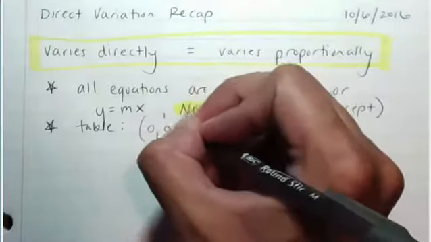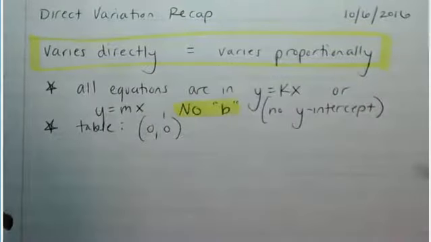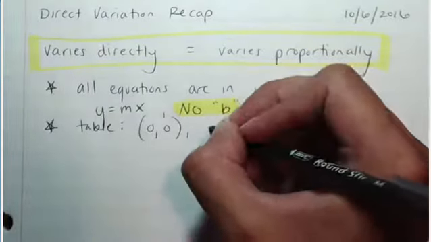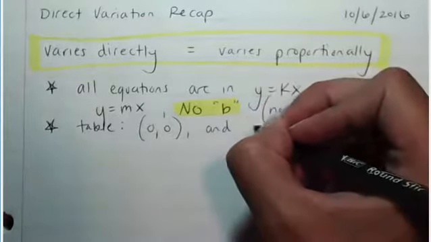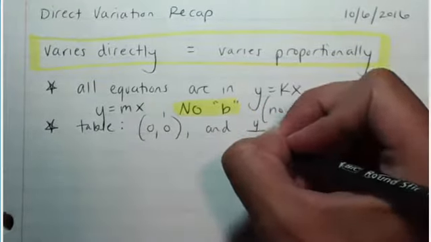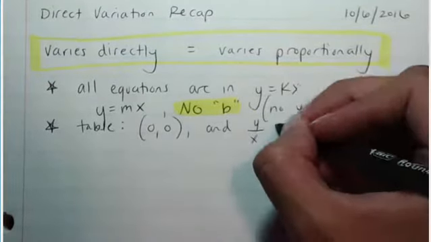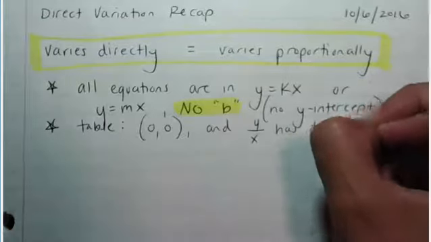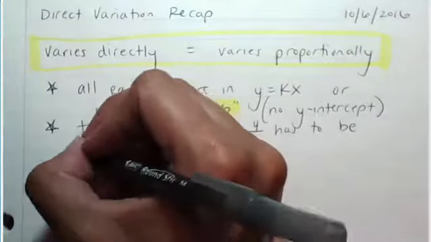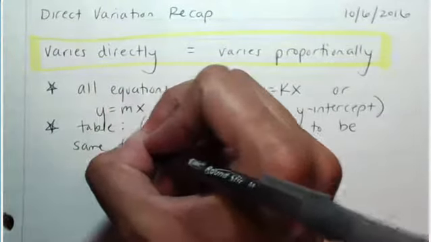It should have 0, 0 as a point, because that shows it goes through the origin. And when I find the y over x to find the k, that has to be the same for all points.